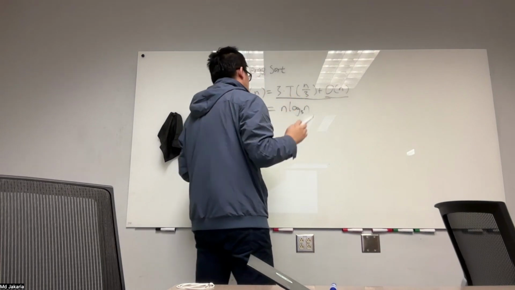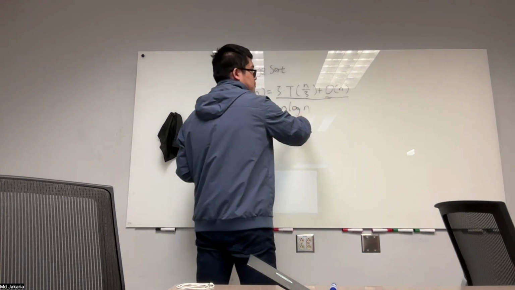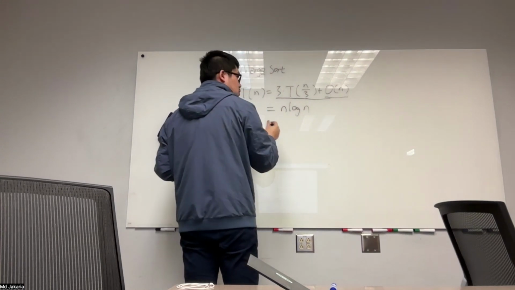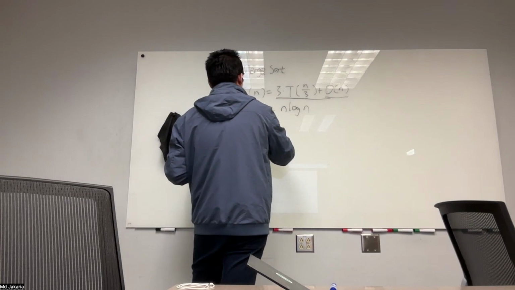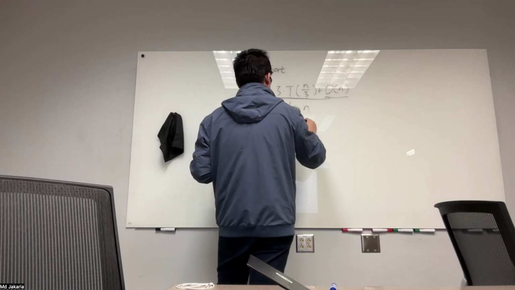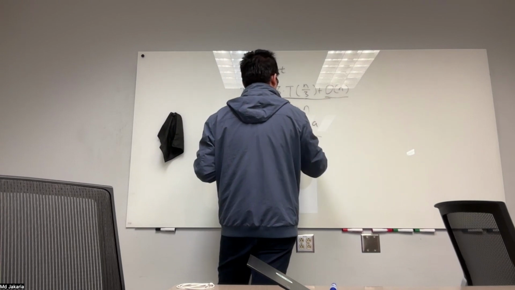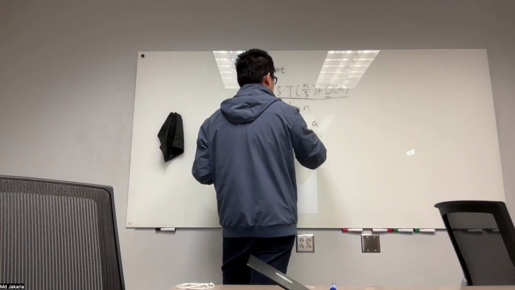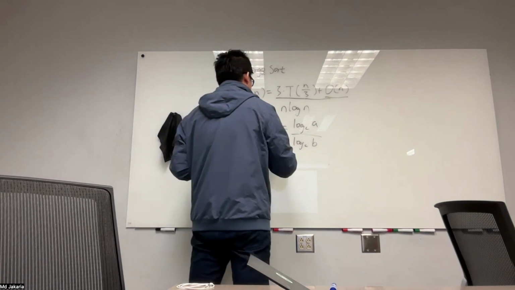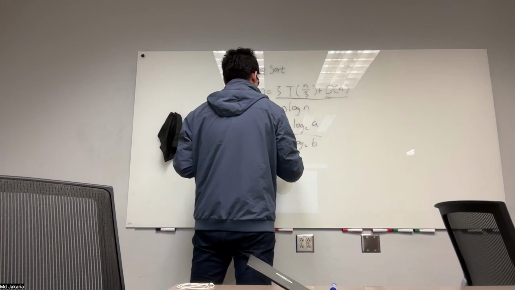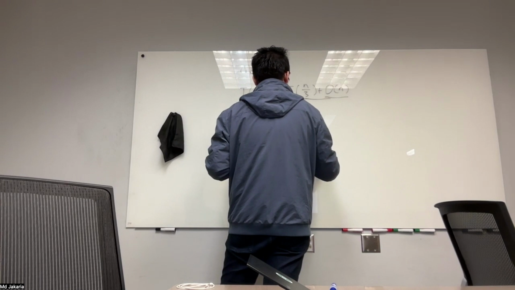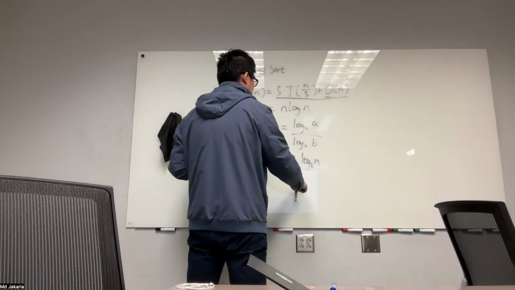But remember that when we look at logs, more often than not, you can ignore the base, because log base b of a really is just log base c of a divided by log base c of b, where c can be anything bigger than 1. So log base 3 of n is c times log base 2 of n, where c is some constant.